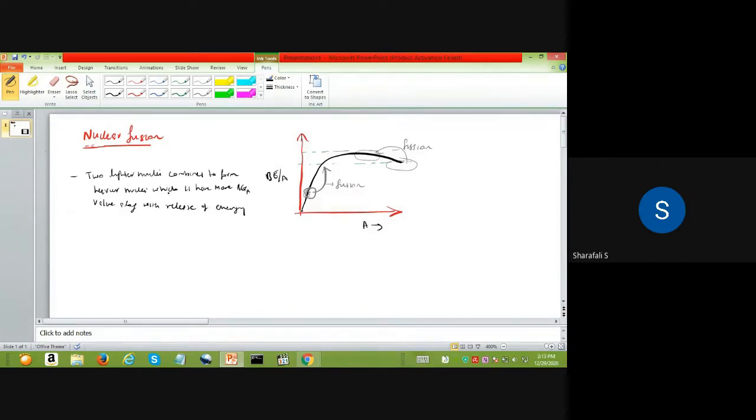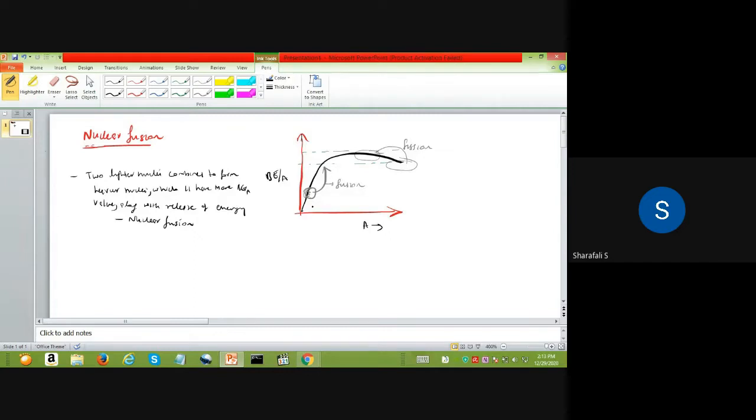This is called nuclear fusion. This is not the right definition, I'm just writing it; you can say it like this. So this is the nuclear fusion reaction.